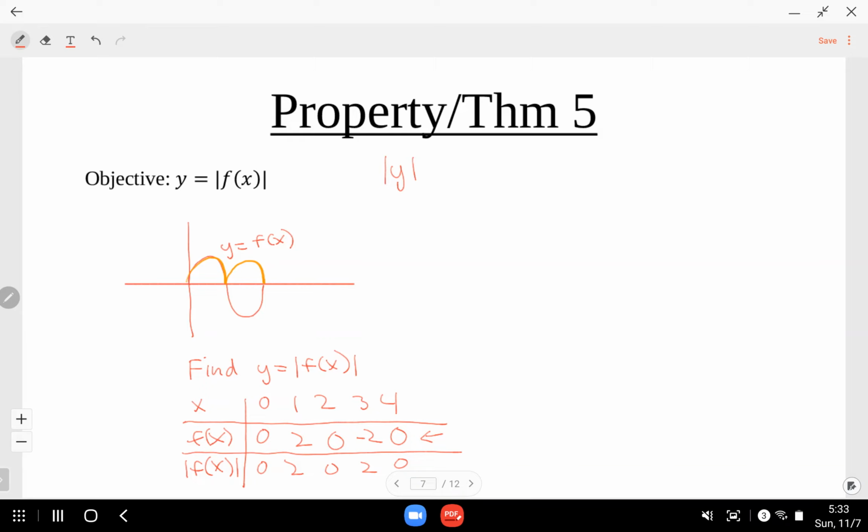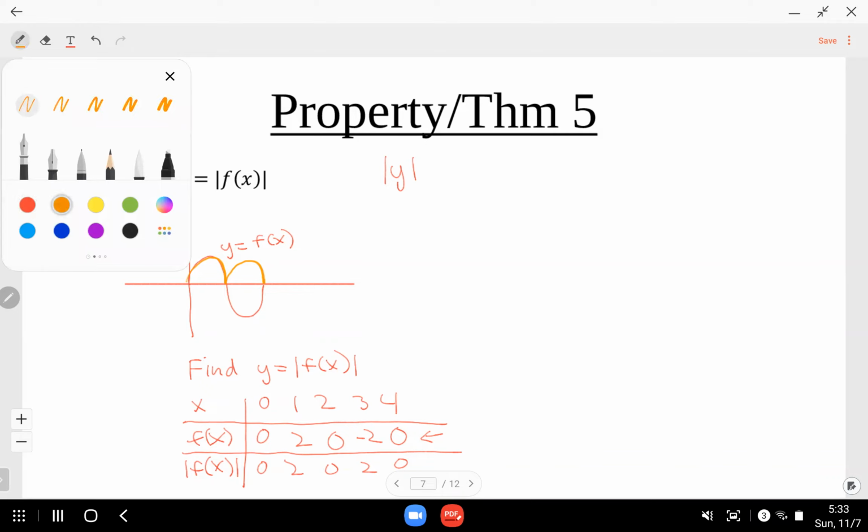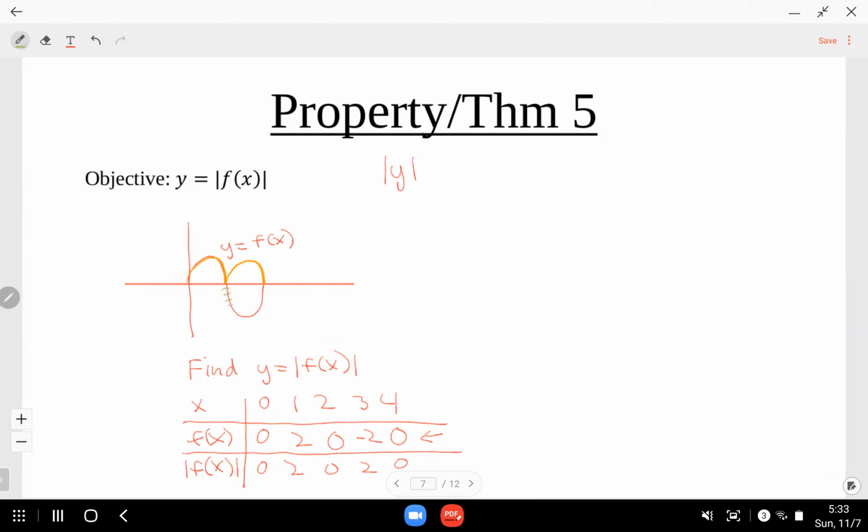So all of the negative stuff in this previous graph doesn't count. We're not going to need that anymore. It doesn't count because it's negative.